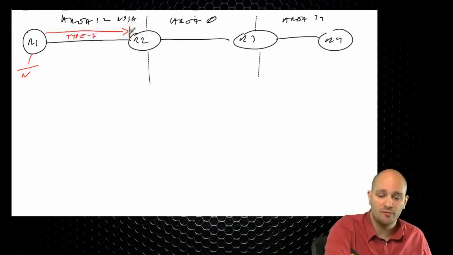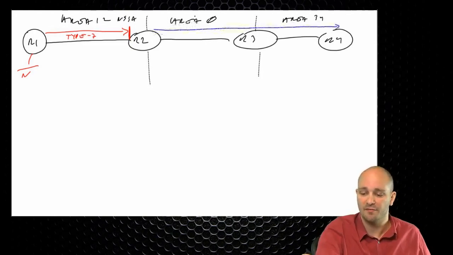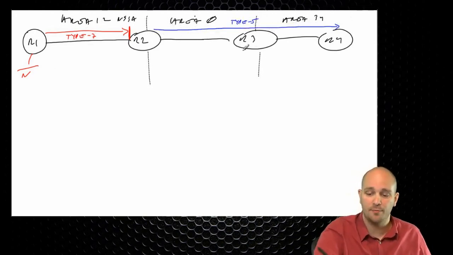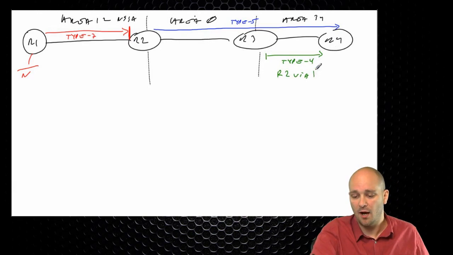Now, based on information from this type 7 LSA, R2 is going to inject type 5 LSA. So this is going to be type 5 LSA. In area 0, there will be no type 4, but in area 34, there will be type 4 for this, and it's going to be that R2 is reachable via R3.